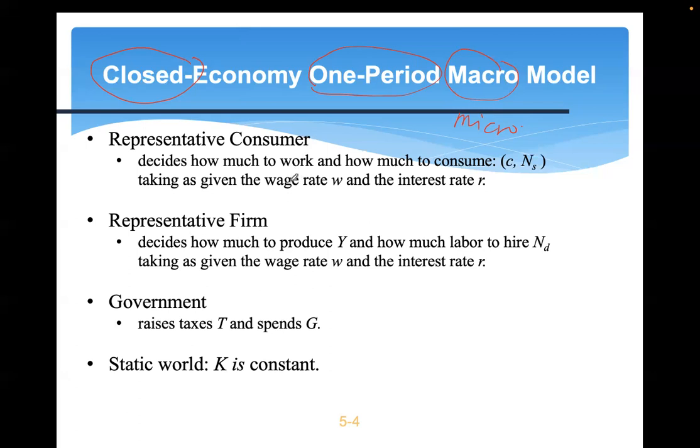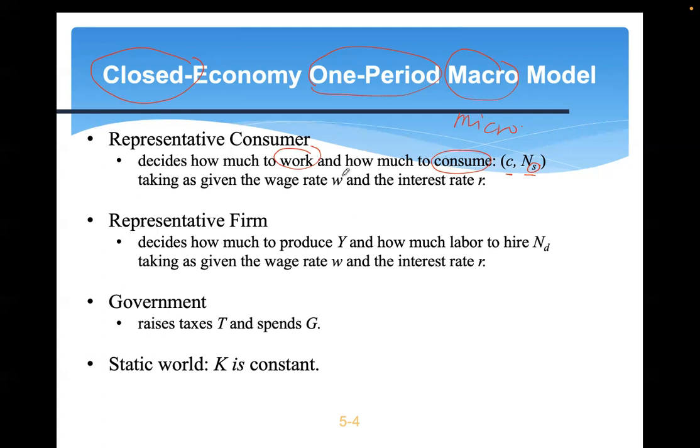Now let's see what is inside this model. We have a representative consumer, which is something we already studied in the previous lecture. What do consumers do? They decide how much to work and how much to consume. So this is C and N, and the subscript is s, for supply, because the consumer is going to supply labor to the firm.